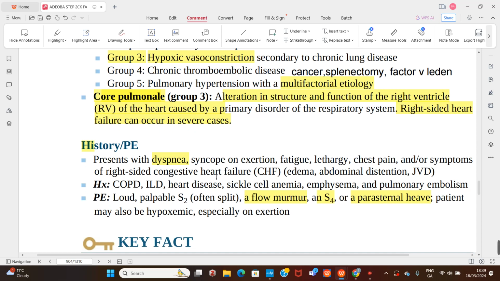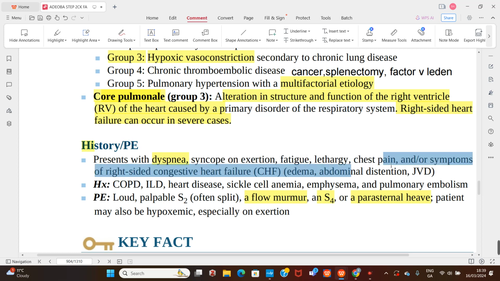So the hypertension is not actually driving blood. That's why you notice that there's going to be a downstream tapering of the pulmonary vessels and upstream enlargement of the central pulmonary vessels. That's what we call pruning, because of this remodeling. So blood flow is not adequate. They cannot take in blood, and it's going to lead to dyspnea at the end of the day. Syncope on exertion, fatigue, lethargy, all these things are shared with hypoxemia generally.